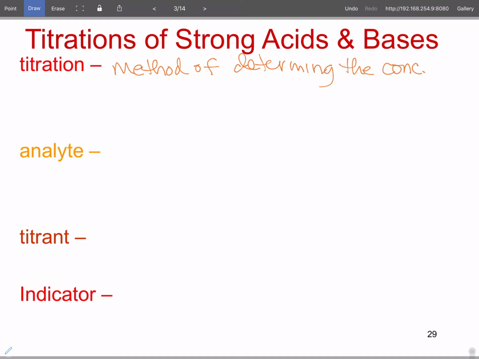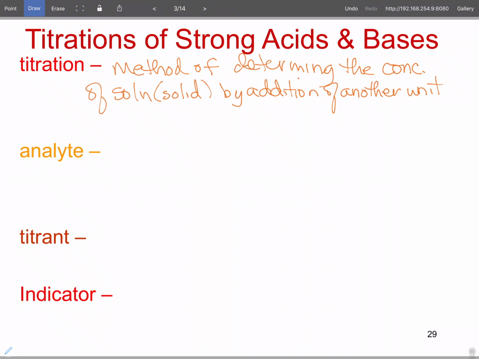It can be of a solution, a solid, etc., by addition of another solution until you produce a color change. Now, the color change is used with an indicator, etc.